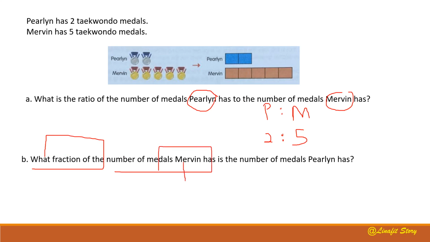So Marvin will be the denominator. So the answer would be Berlin out of Marvin. Berlin equals 2, Marvin equals 5. So the number Berlin has is 2 out of 5 of the number of medals Marvin has.